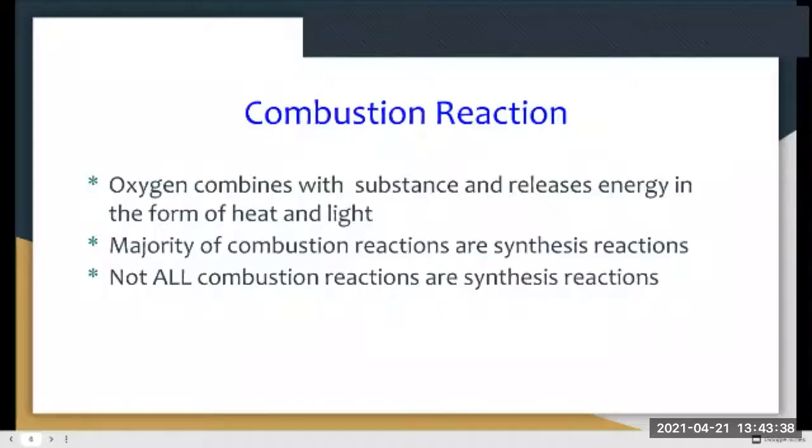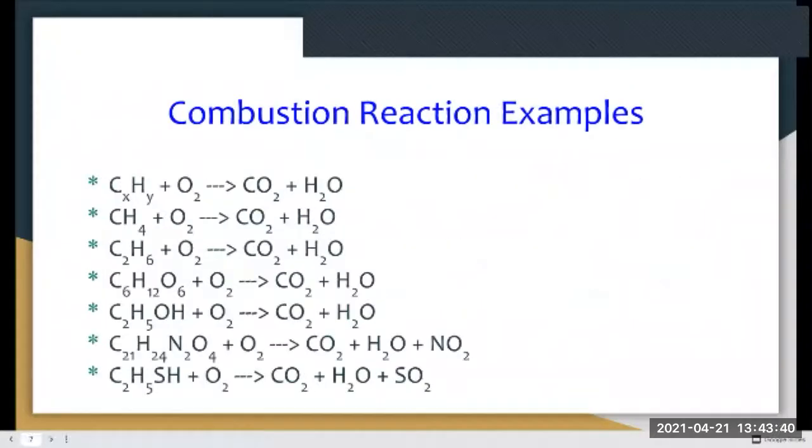Okay, so let's look at some examples of the combustion reaction. As we discussed, there's going to be some form of hydrocarbon. So if you look, the CxHy, as I said before, denotes a hydrocarbon. But here's an actual hydrocarbon, CH4, C2H6, C2H12O6. So they added an oxygen. That doesn't necessarily mean that if they add something to the hydrocarbon, there's going to be something additional, but sometimes there is. So if you look at this N2O4, you end up with NO2. And if you look, there's like this sulfur here that has to go somewhere.